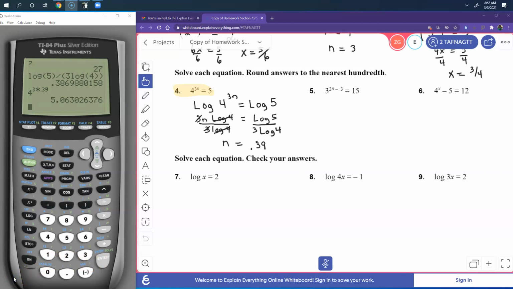Number 5, we have 3 raised to the power 2n minus 3. So once again, you're going to go ahead and introduce log. And that 2n minus 3, you're going to move to the front. So you have 2n minus 3 times the log of 3.